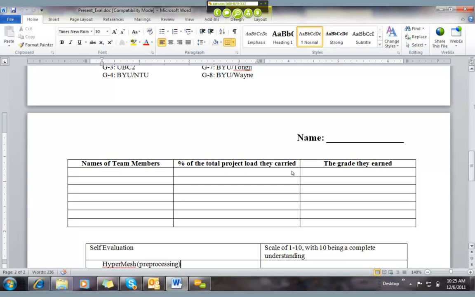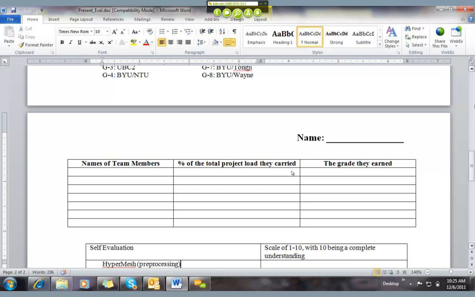We want you to list your team members. We want you to list the percentage of the project they did. If there are 6 people on your team and everyone carried an equal share, then I would expect this to be 1/6, 1/6, 1/6. Okay?